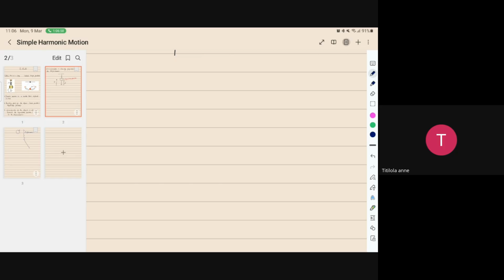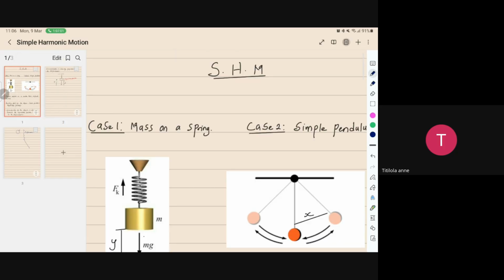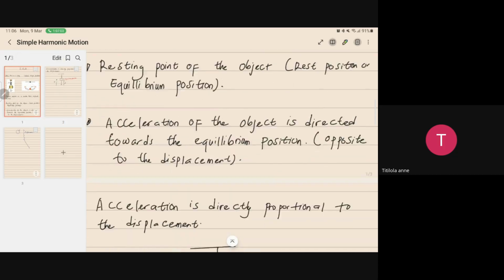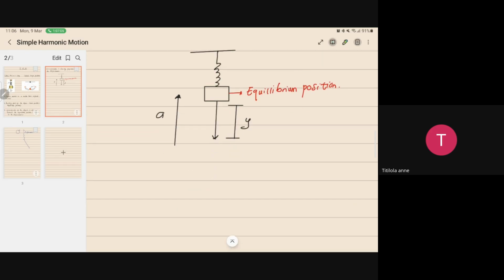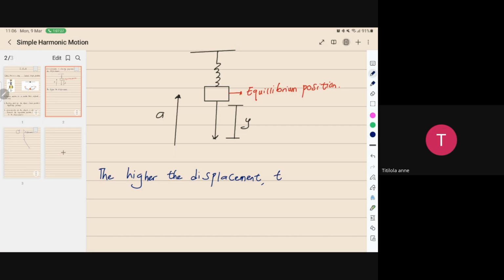So now let's continue. What that simply means is that the higher the displacement, the higher the acceleration. You know, this is not scientific. This is not how it should be written on a normal day, but for us to understand better, the higher the displacement, the higher the acceleration.